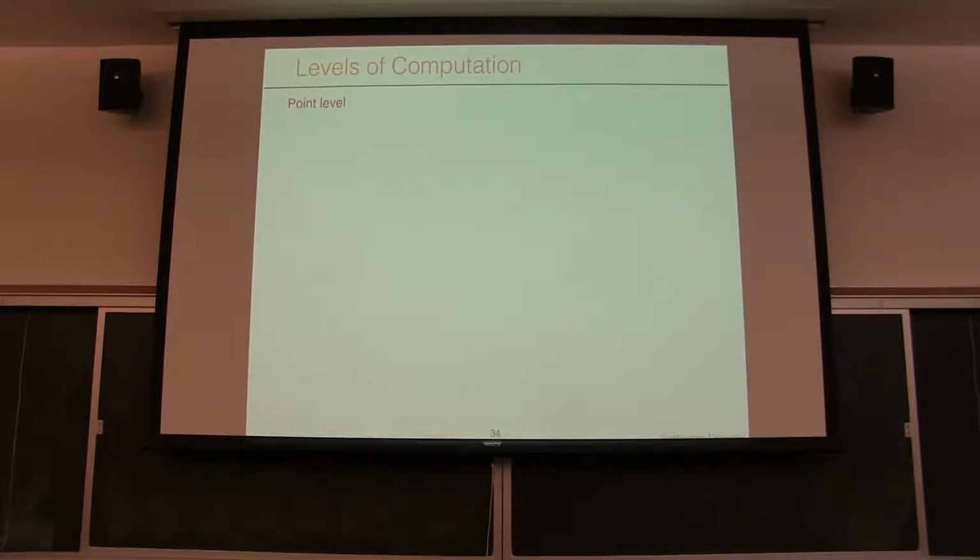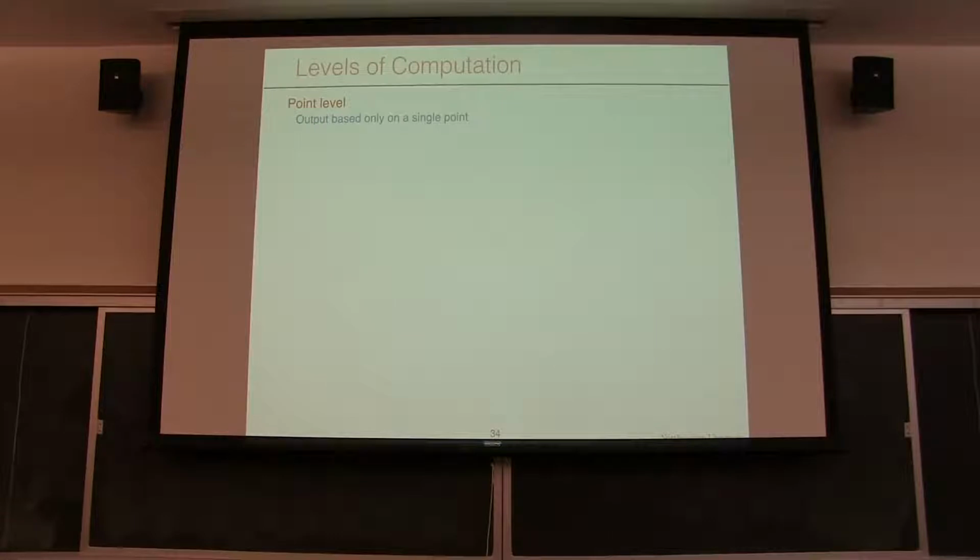So the lowest level, which is where we're going to start today, is what's called the point level. What that means is that my operations depend only on the pixel that I'm looking at. That's the lowest I can go. So I have an image, and I want to create another image.